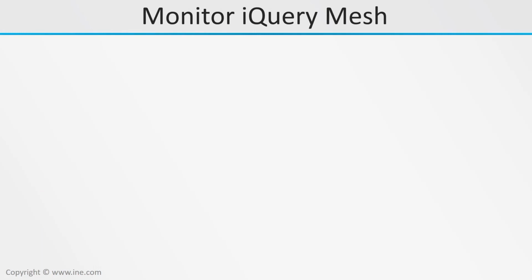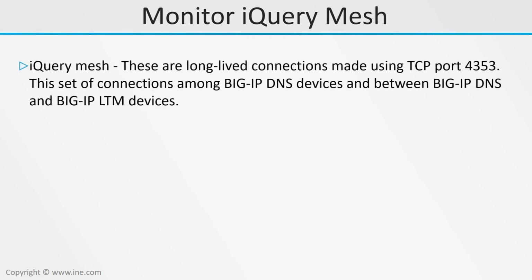Okay, let's look at our next example, monitoring the iQuery mesh. The iQuery mesh is basically a set of devices that have long-lived connections, made using TCP port 4353, the proprietary port for iQuery.